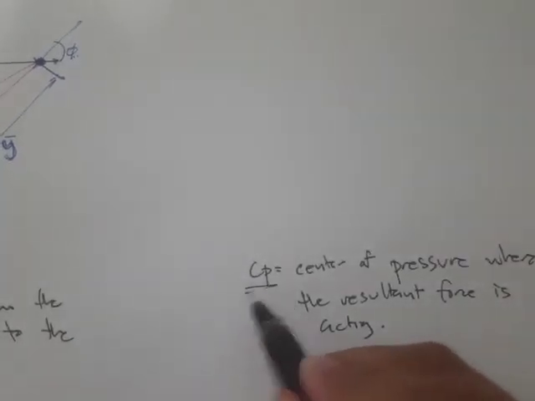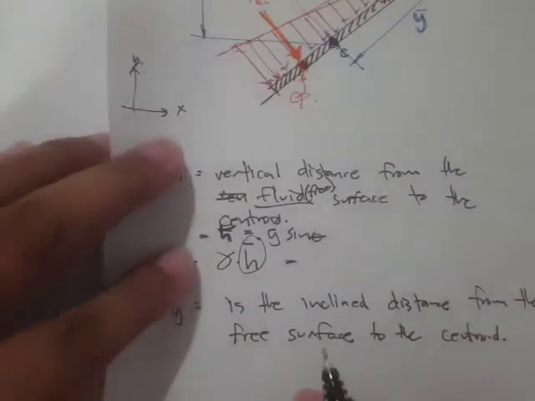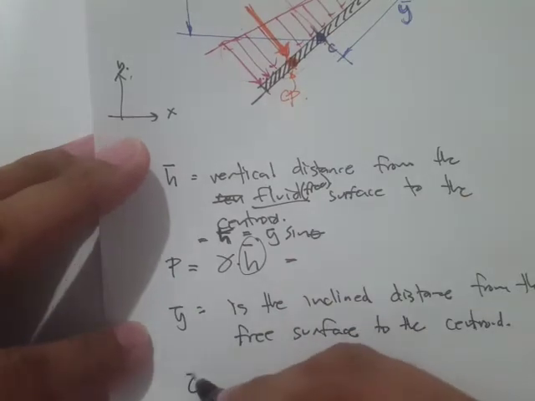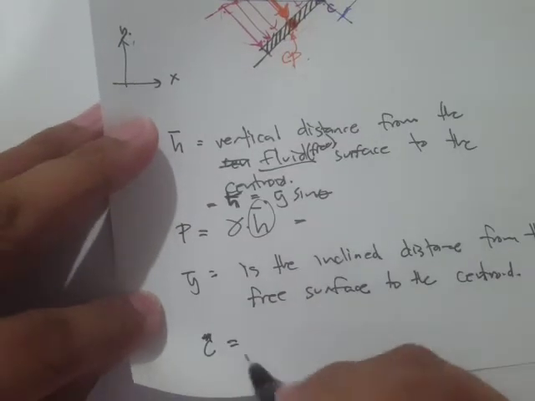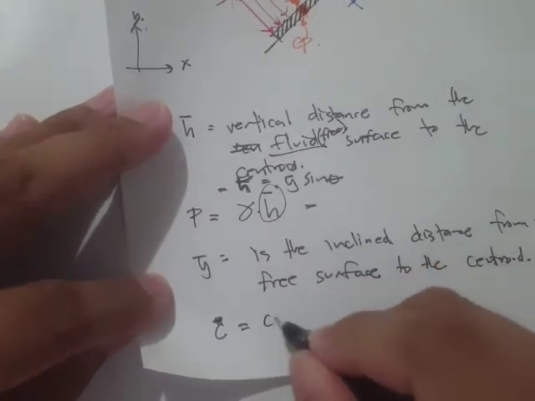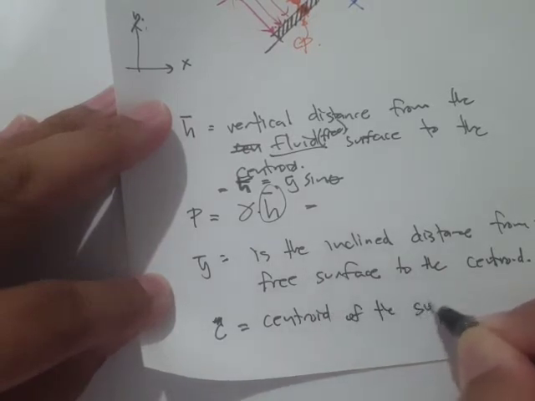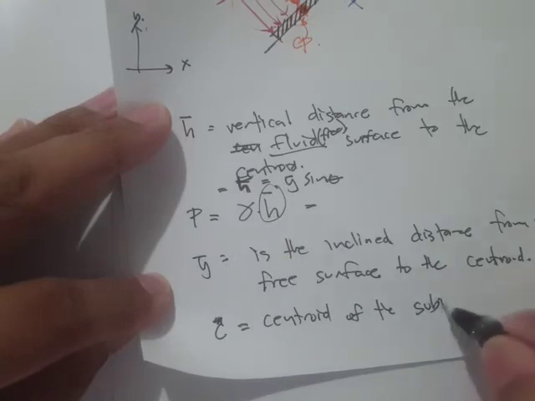It's different from the centroid. Let's just write C here. C is simply the centroid of the submerged body.